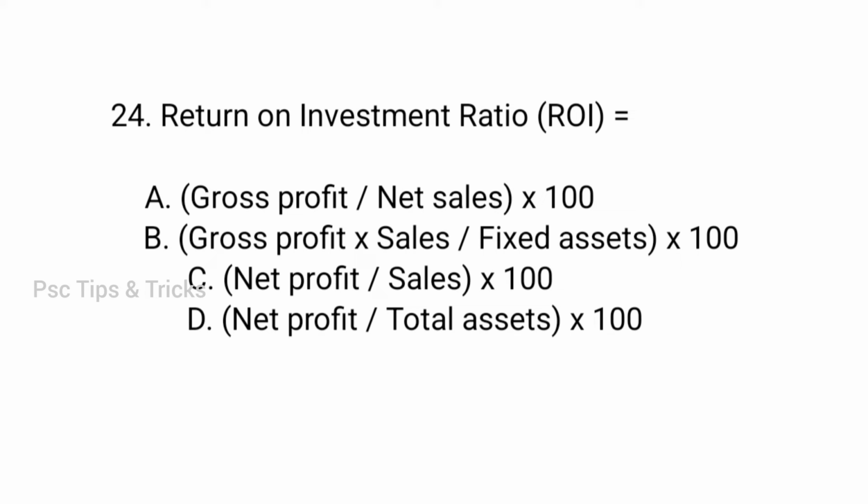Next question. Return on investment ratio ROI equals options: gross profit by net sales into 100, gross profit into sales by fixed asset into 100, net profit by sales into 100, net profit by total assets into 100.